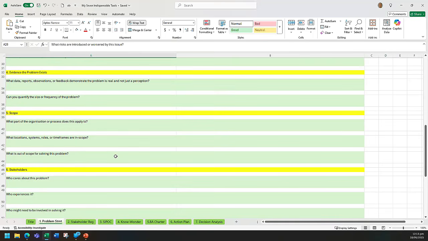And then from there, I would start writing the problem statement itself. A lot of the time, in an ideal situation, I would write it with other people that are on the project or the subject matter experts, and also ideally the business owner. And sometimes I would even drop the questions and the answers into something like ChatGPT, just to help me to make a start on the problem statement, and then I'd kind of validate it with those people.